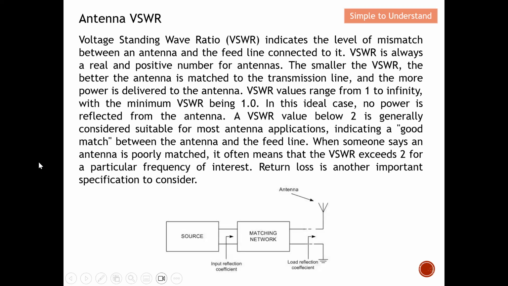When someone says an antenna is poorly matched, it often means that the VSWR exceeds 2 for a particular frequency of interest. Return loss is another important specification to consider. Maybe in my next few videos, let's find an opportunity to discuss return loss on antennas.